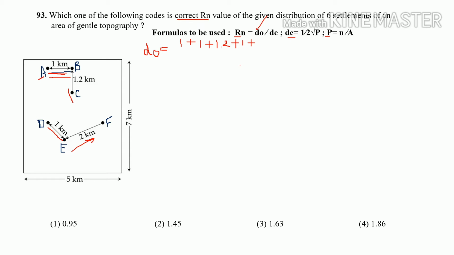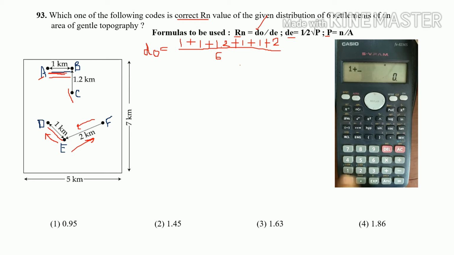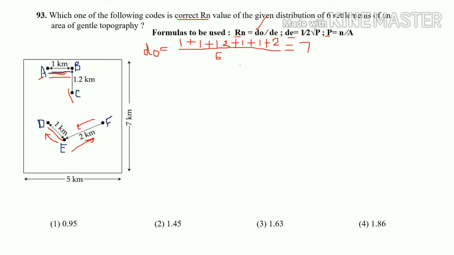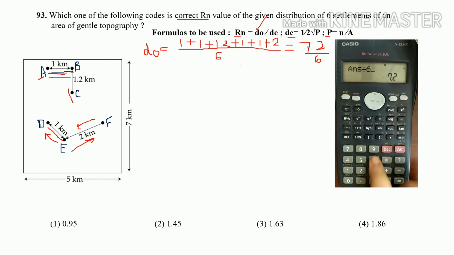The shortest distance from E will be 1 kilometer, that is from D. So we will add 1, and then the shortest distance from F is 2 kilometers, so we will add 2, and then we will divide by 6 because we have 6 settlements A, B, C, D, E and F. This gives 7.2 divided by 6, and the result is 1.2.